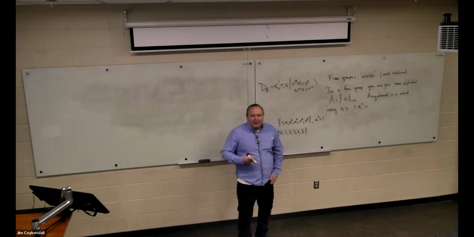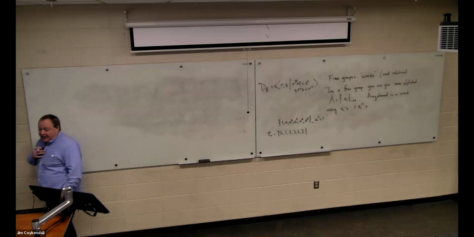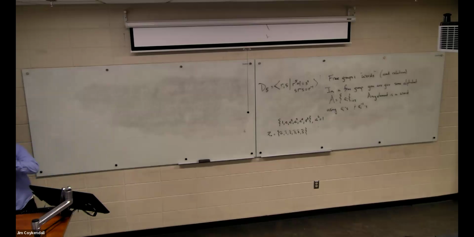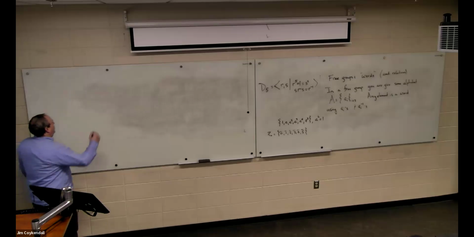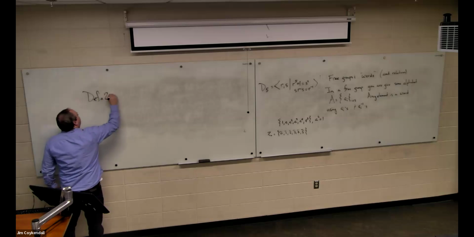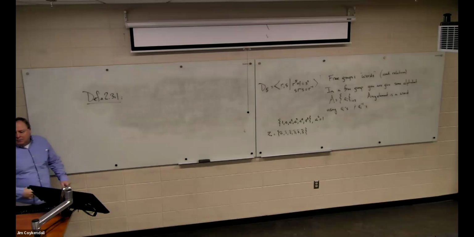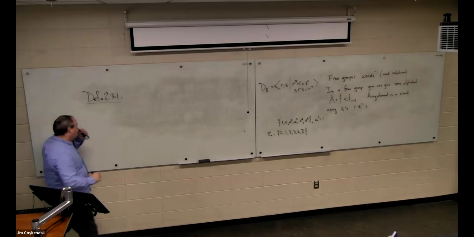Sometimes we want to unmask groups that are essentially the same, or at least have some kind of spiritual connection. This is a big tool in algebra. We're going to call this a group homomorphism.